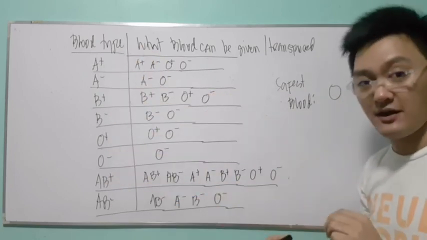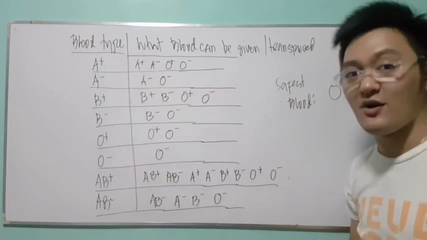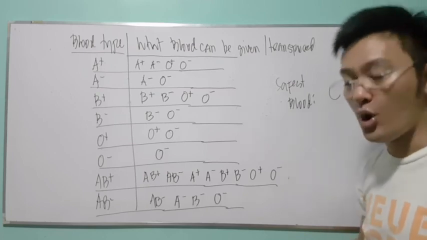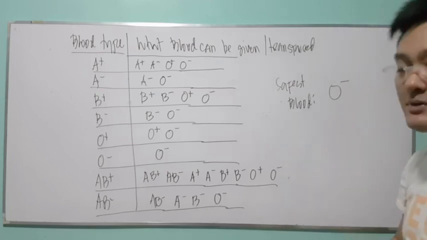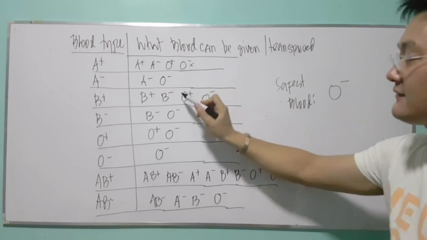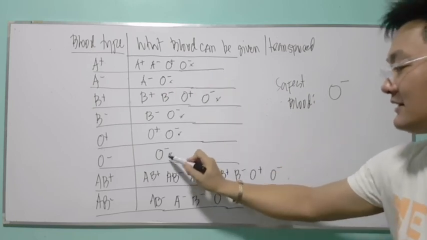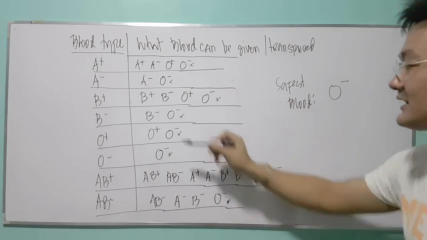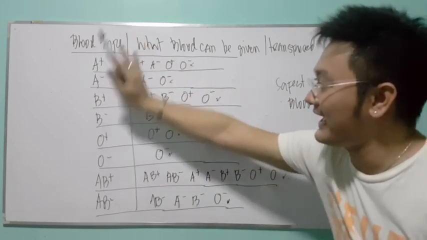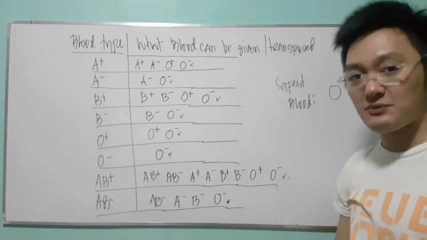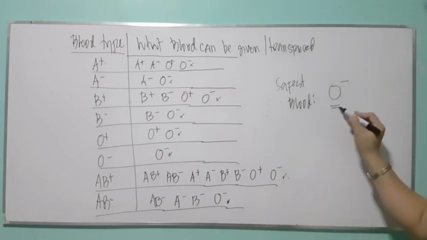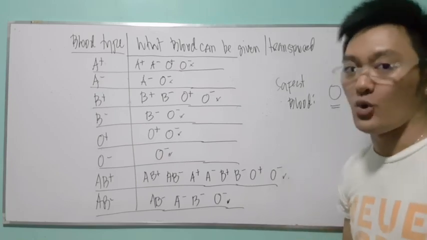But the question here is, is it O positive or O negative? Answer, O negative. Remember, O negative can be given to any type of blood. That is why the safest blood is O negative, not O positive.